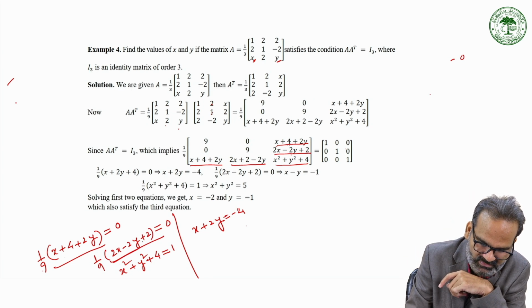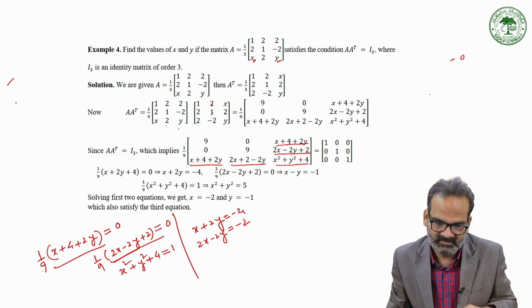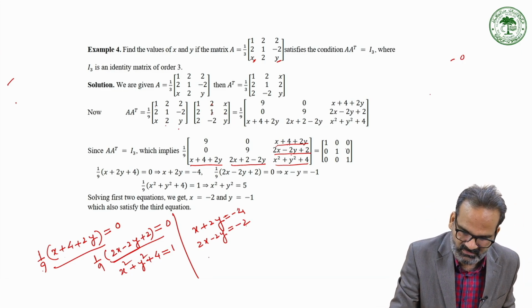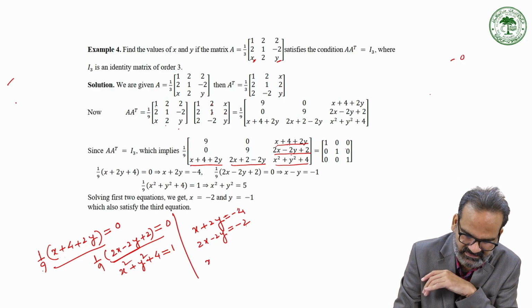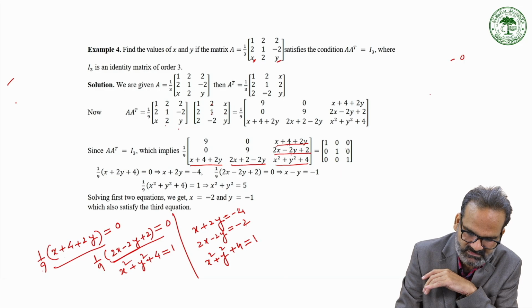Likewise equation 2 can be written as twice x minus twice y is equal to minus 2, right. So these are the two equations. Third is x square plus y square plus 4 is equal to 1.